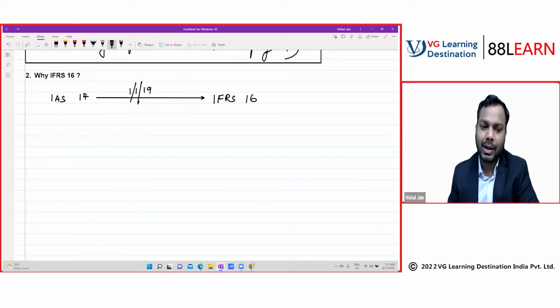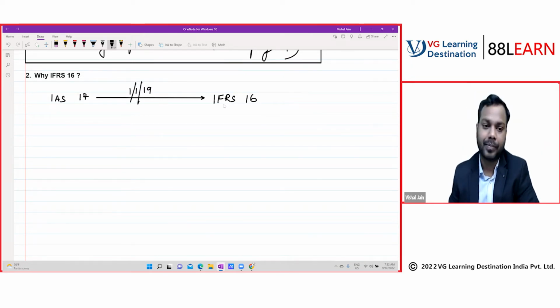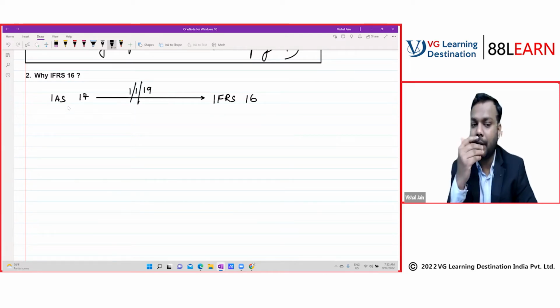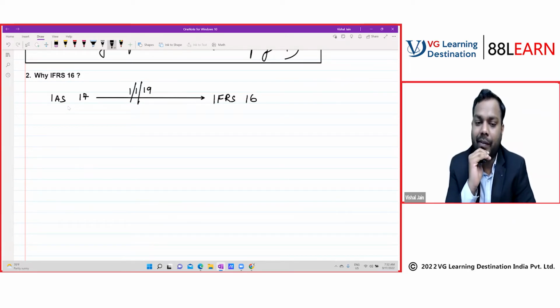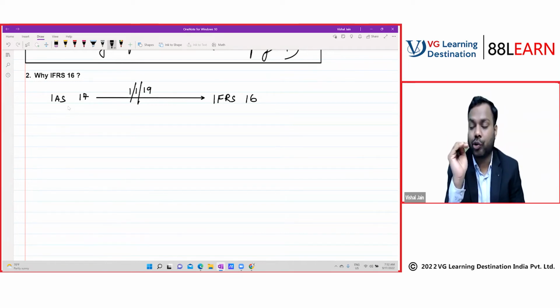This got changed to IFRS 16. Now, the question is why? Why was the earlier standard, IAS 17, removed, and why was IFRS 16 brought into the picture? That's a question.